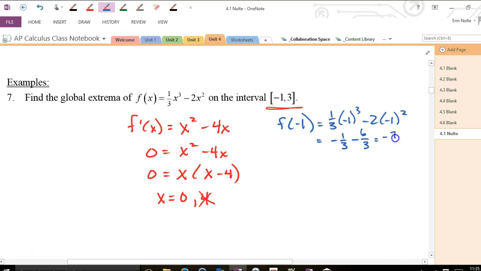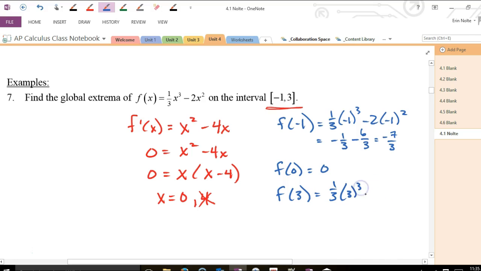So that makes negative 7/3. Okay, the next critical value that we found was 0, so I'm going to plug 0 in. That one's easy. Can we all conclude that one? Plug 0 in, what do you get out? 0. Okay, good.